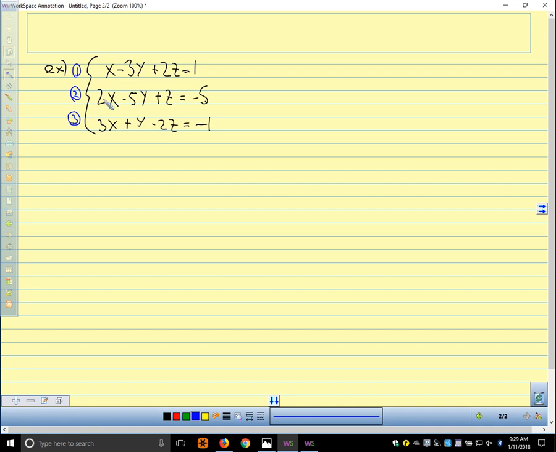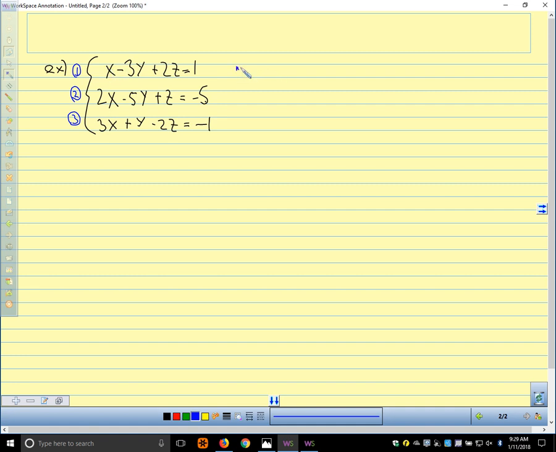So for the first two equations, what are we going to do here to get rid of this 2x using these two equations? If we're doing elimination, multiply this one by -2.